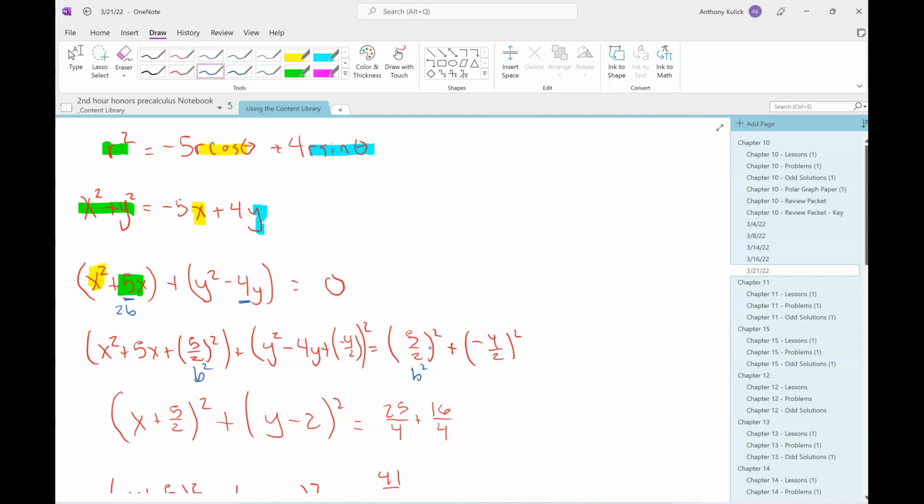Emily. So the two numbers that would multiply to give you 25 over 4 and add to give you 5 are 5 over 2 and 5 over 2. That's all we're doing. And we don't have to think hard about the factoring because we made sure that the polynomial we created was a perfect square, so we knew exactly how it was going to factor.